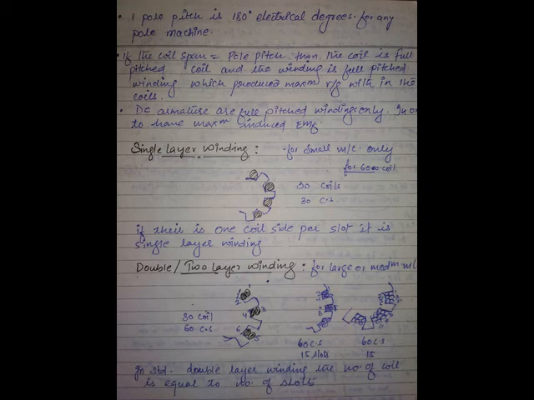If you go to your machine lab, a 5 ampere fuse wire is a thin wire. If you take a 20 ampere fuse wire, the thickness increases, and so on. So the thickness of the conductor depends on its current carrying capacity. Now, let us consider the winding. What is the definition I have written for winding?